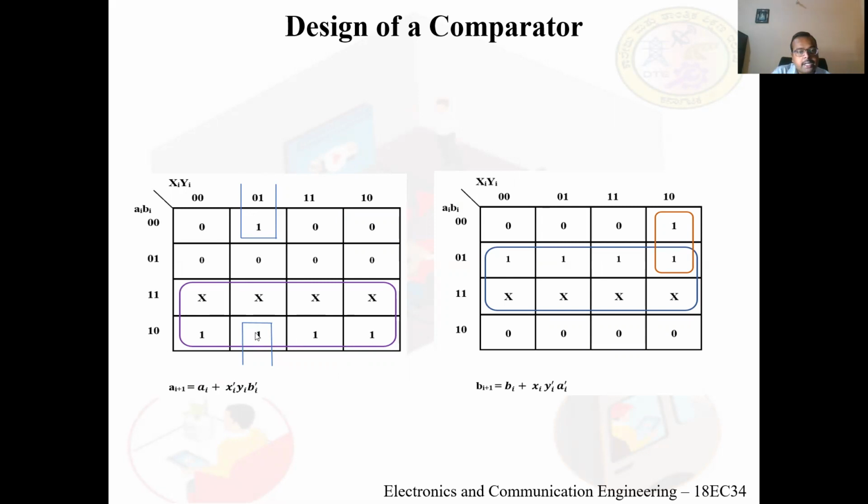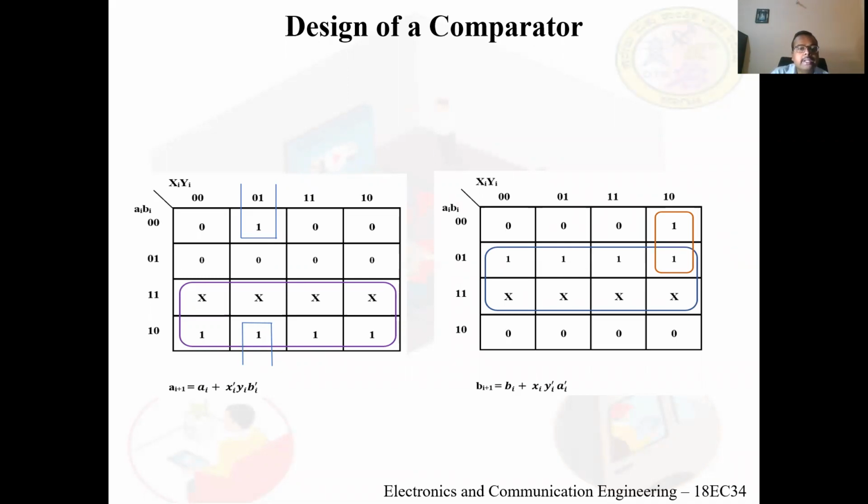These two cells are adjacent, so what is the common term here? It is 0 and 1, which is xi bar yi, and the common term across 0,0 and 1,0 is 0 for bi, so we write it as bi bar. So the next state equation is ai plus 1 is equal to ai plus xi bar yi bi bar.